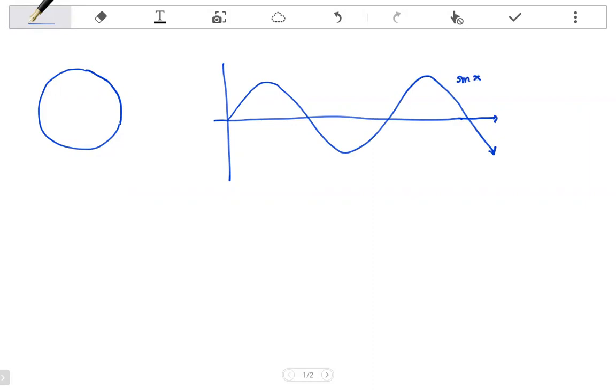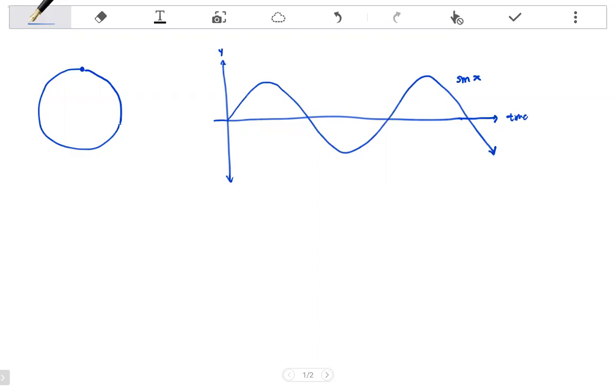So how did this graph originate? Well, the graphs of sine and cos are really interesting graphs because they are not x and y coordinate graphs. They're sine and time. So this is time, and this is a value, y, let's say.